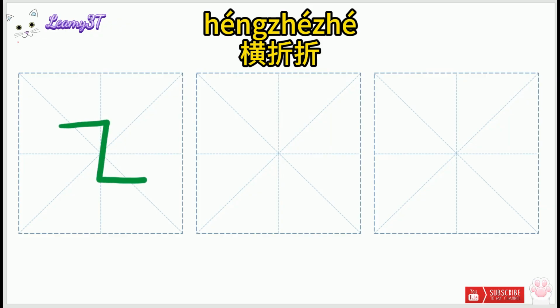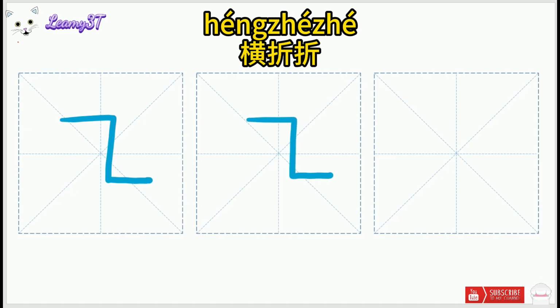héngzhézhé, héngzhézhé, héngzhézhé. One more page. héngzhézhé, héngzhézhé, héngzhézhé.